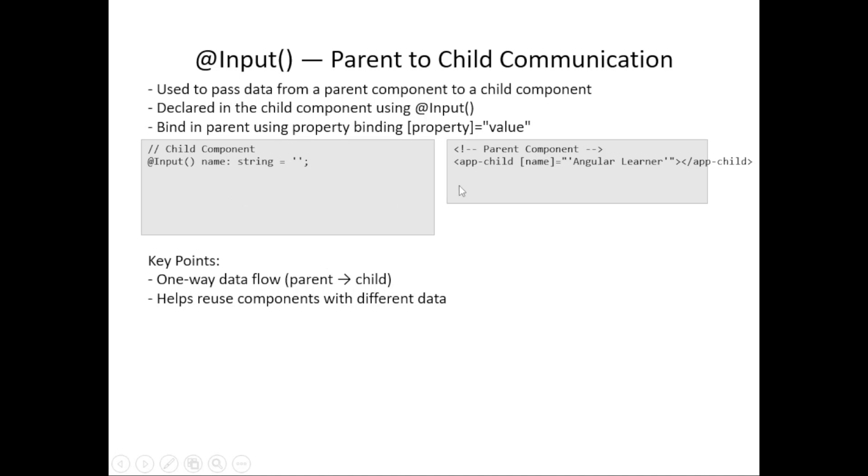From the parent component we send the data and the child component receives it. This is the one-way data flow, from parent component to child component.